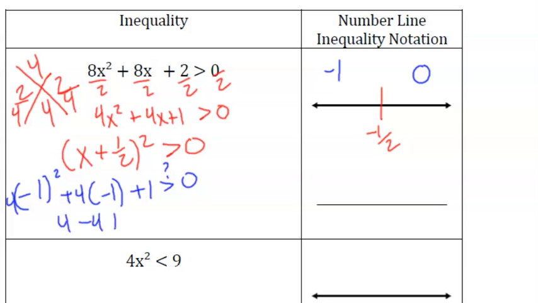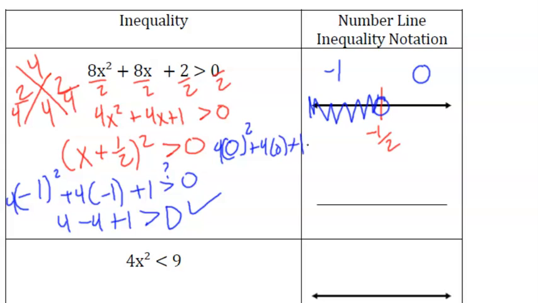Is 4 minus 4 plus 1 greater than 0? Yes. So we're going to shade that side. Okay, now let's do 0. And that's a yes. So it's all real numbers except for negative 1/2.